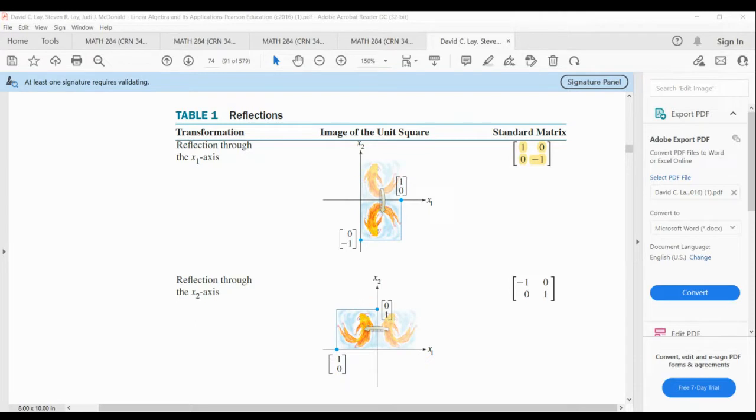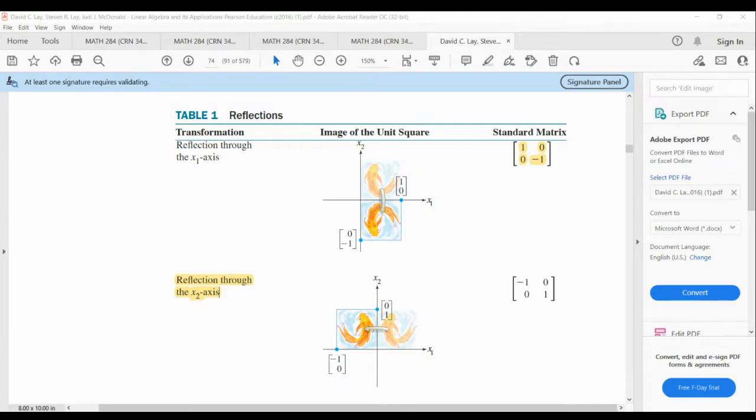They're transforming the vector 1, 0. That maps to the vector -1, 0 with this particular transformation. The reflection about the x2 axis would transform the coordinate 1, 0 to the coordinate -1, 0.